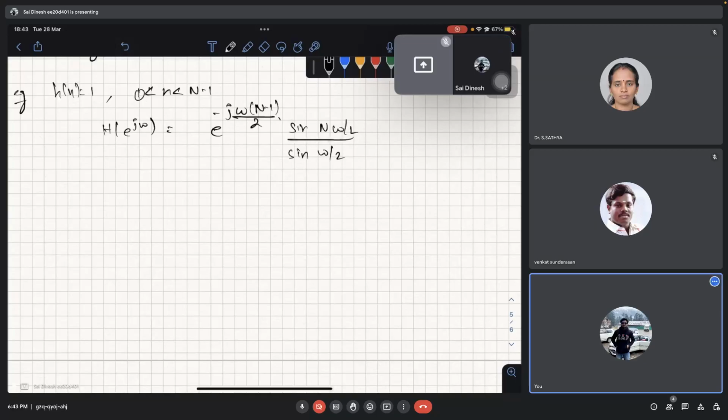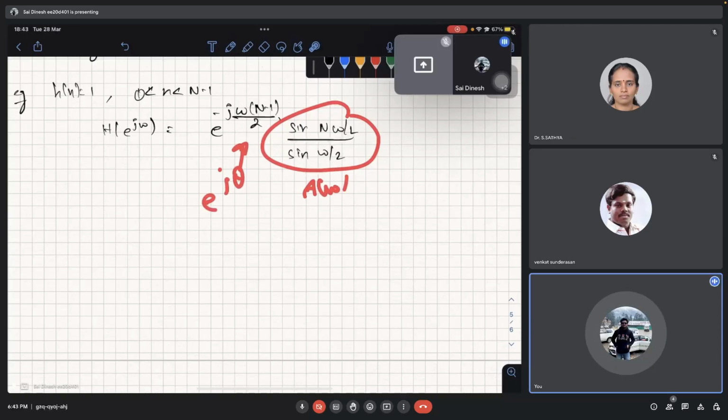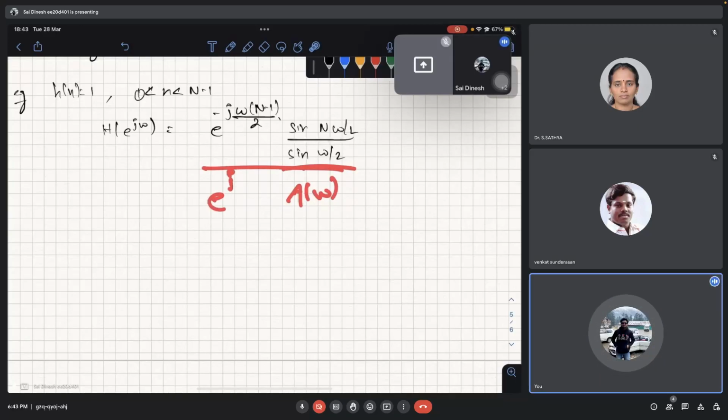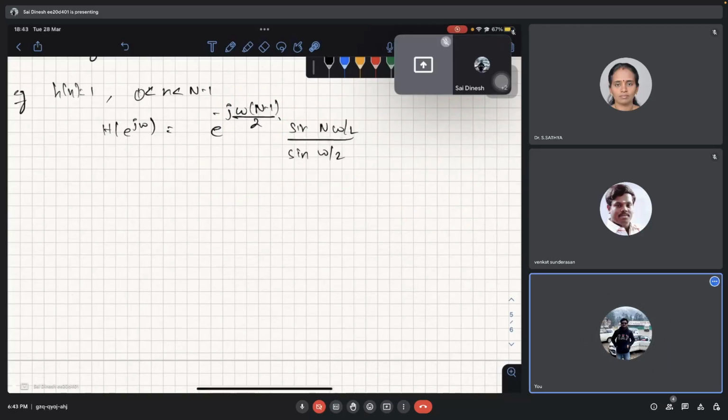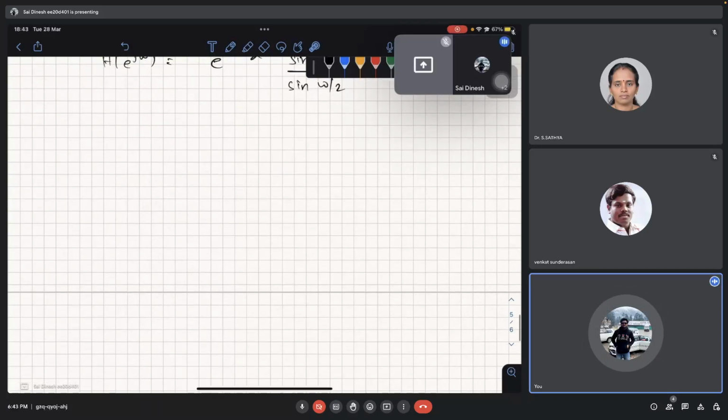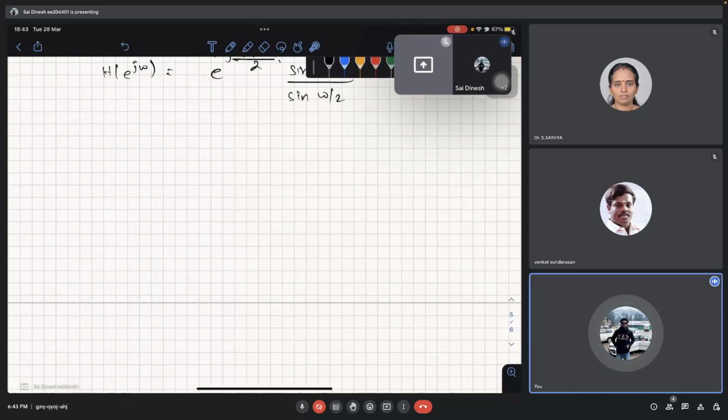So this is the phase of the system. This is A(omega), and this is e^{j phi(omega)}, the phase response, right? So is it linear? That is what we need to see. That is question 4.